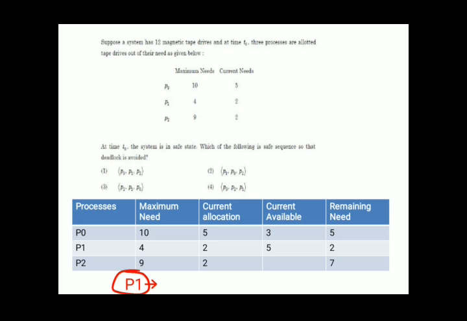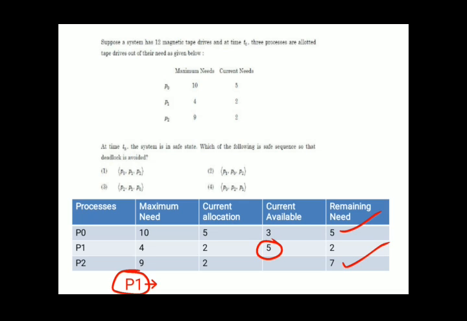Now we have the remaining processes P0 and P2, and the current available resources are 5. We have to check these processes P0 and P2 for their remaining needs. P0 needs 5 resources and P2 needs 7, and we have 5 available.